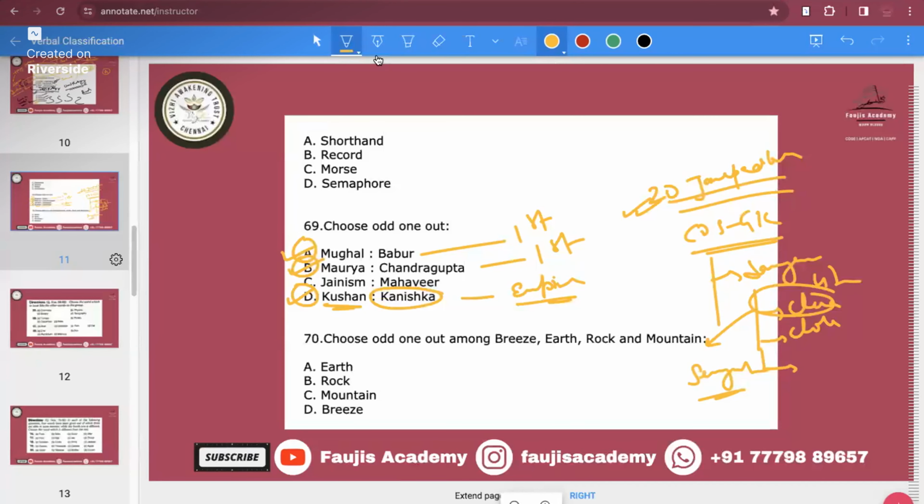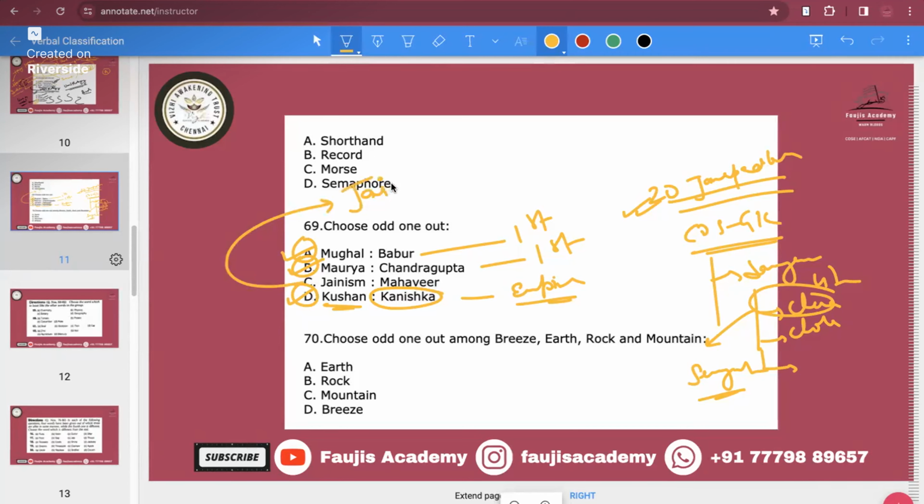So in options A, B, and D, we are talking about the empires and their rulers. But Jainism and Mahavira are more like some kind of force which tries to transform the society, right?